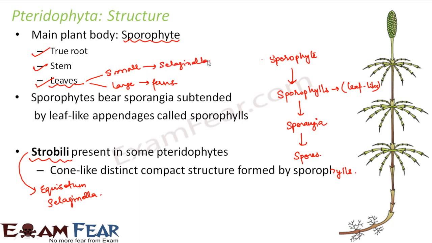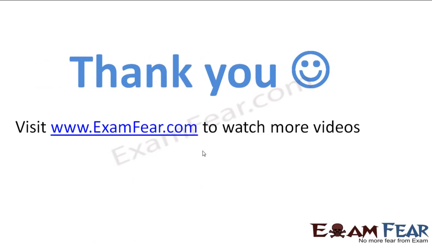So the size of the leaves varies in pteridophytes. Now the structure is clear. In pteridophytes, the main plant which you see is a sporophyte. Sporophyte has leaf-like structures called sporophylls. The sporophylls can be present just like that, or as a compact structure called strobili, which is present in Equisetum.